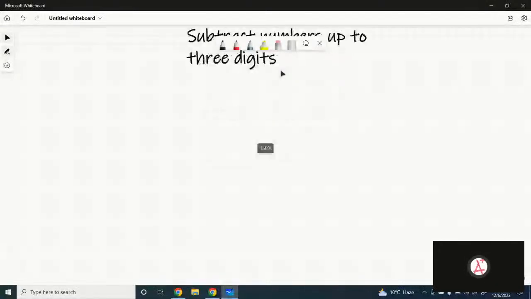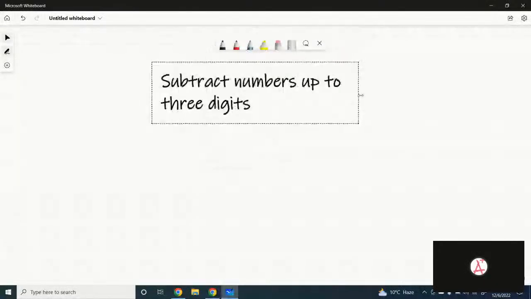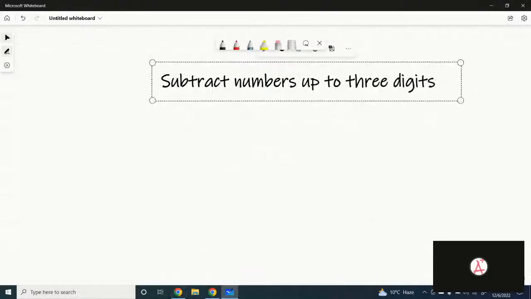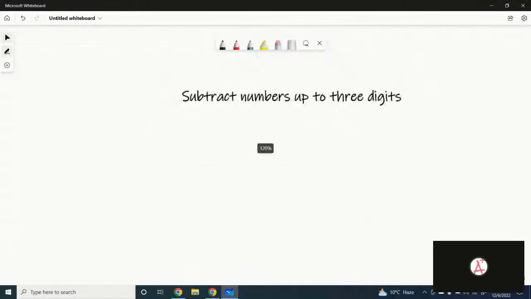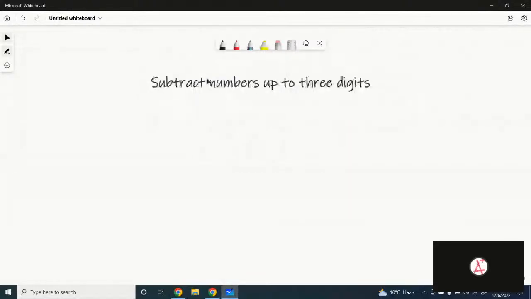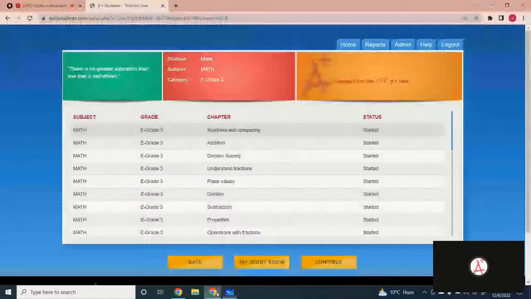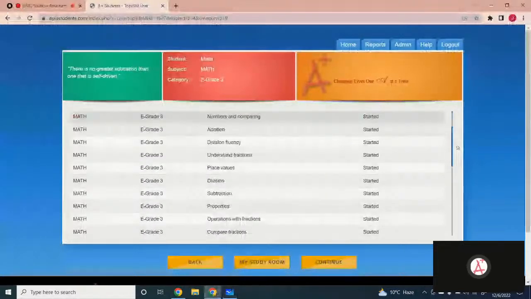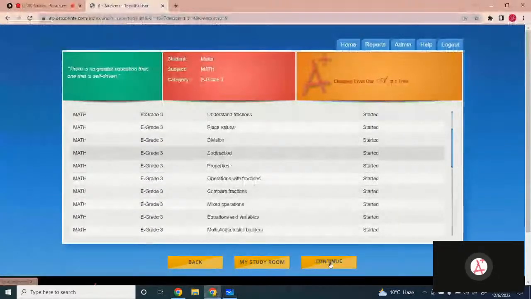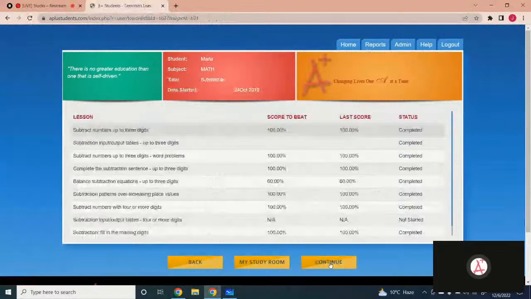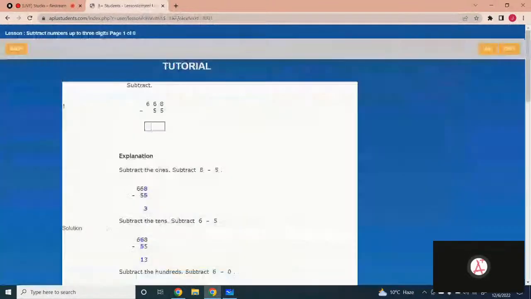Okay, let's start with the lesson. Here we are on grade 3 maths. The chapter we're going to start is subtraction, and the lesson is subtract numbers up to 3 digits. Let's start with the test.